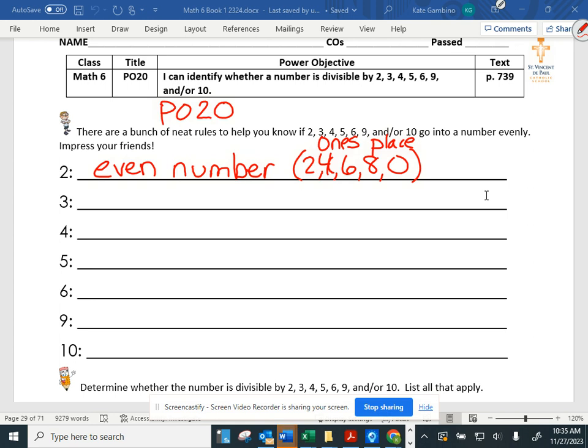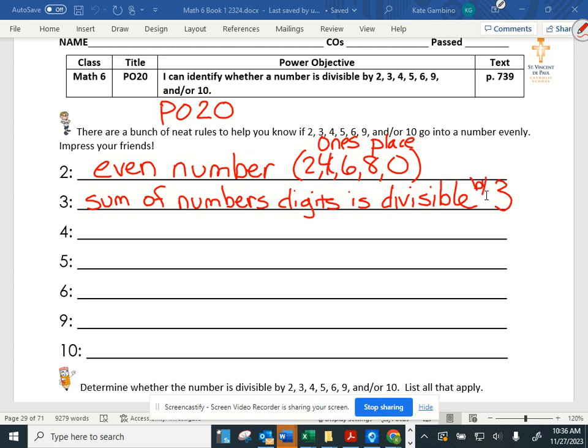What is the rule for if it's divisible by 3, Zelda? If the sum of the number's digits is divisible by 3. So if the sum of all the numbers in the digits is divisible by 3.